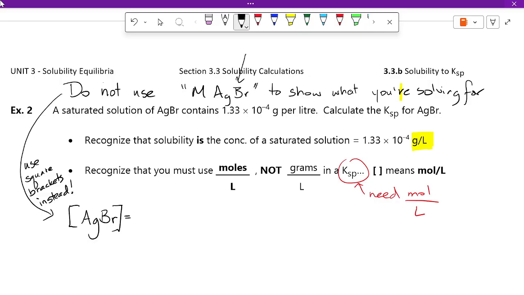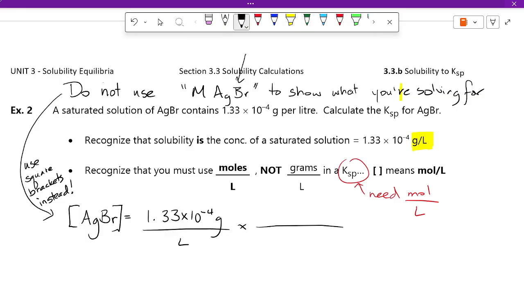Yes? Okay, cool. So we're going to have 1.33 times 10 to the negative 4 grams per liter times moles per liter. Oops, no. What do I want on the top and what do I want on the bottom?